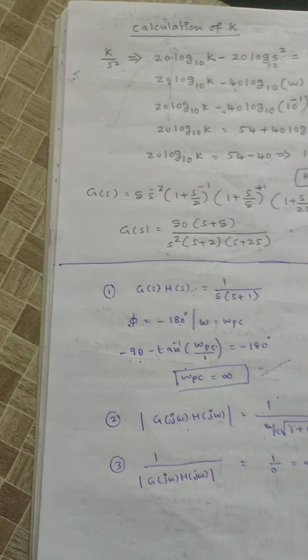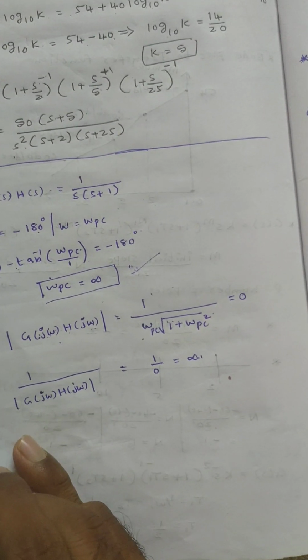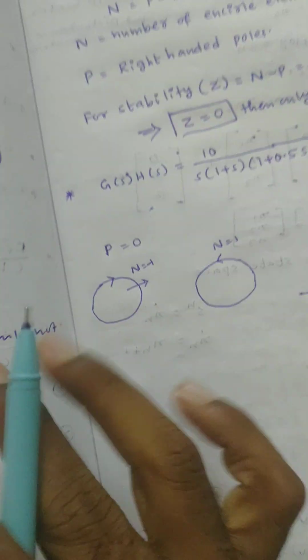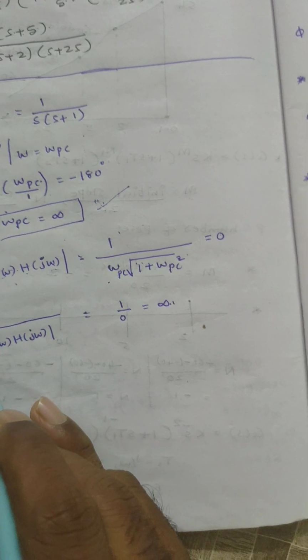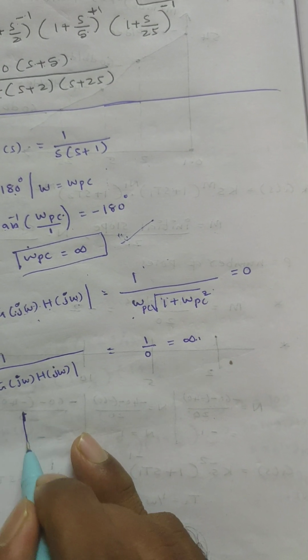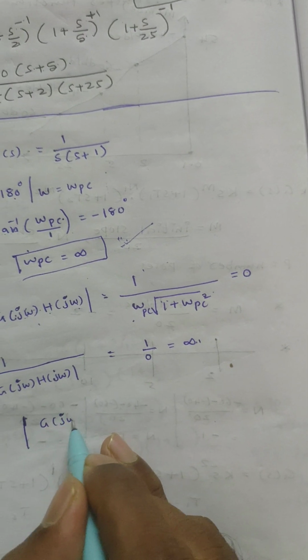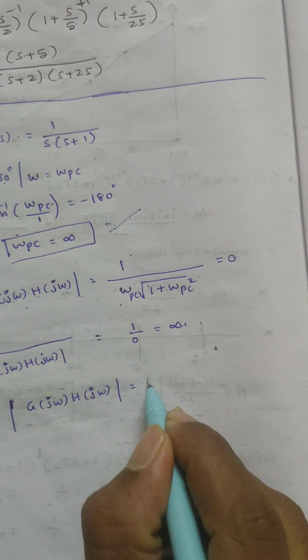Similarly phase margin, same problem. If I want to calculate phase margin, what is step 1 in phase margin? Magnitude of G of j omega into H of j omega should be equal to 1.